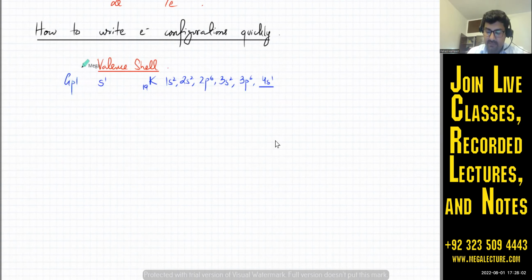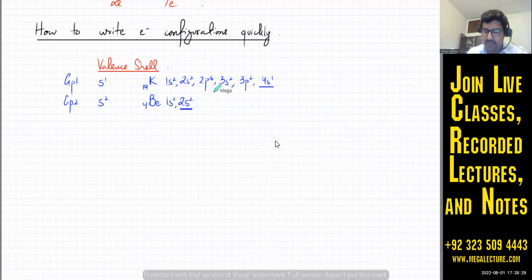Similarly, you've got group 2. Group 2 will always be S with 2 electrons in it. Any element in group 2 will have the same, let's say beryllium, 4 electrons. So 4 electrons will be 1s2 and 2s will be 2. The outermost is an S subshell with 2 electrons.